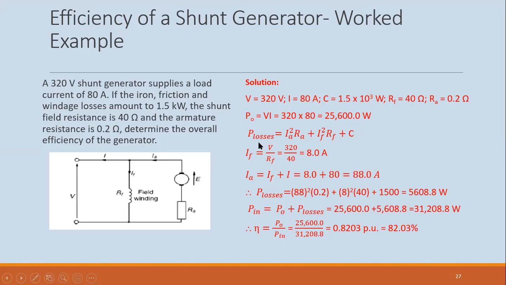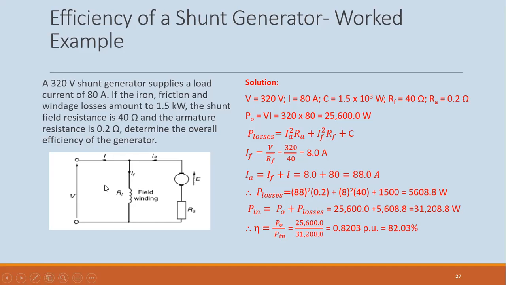All right, so we need to calculate the losses. Since we can't calculate the mechanical input directly, we need to find out what the losses are and then use that to find what the input power is. So we can find the current in the field winding.